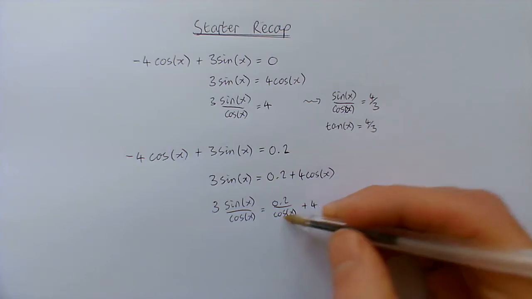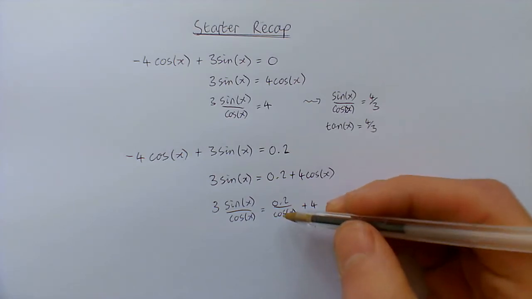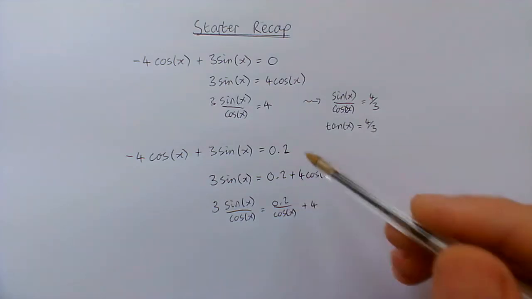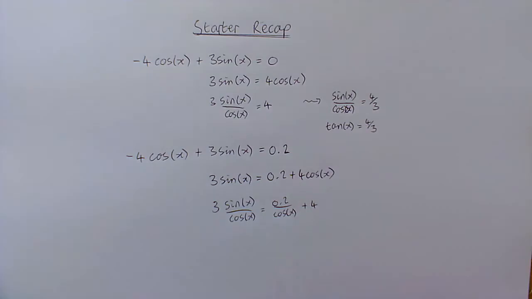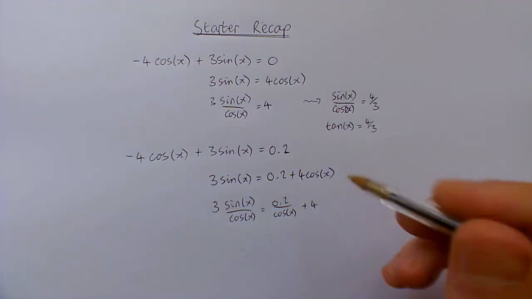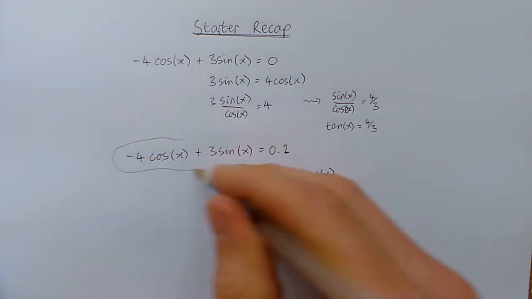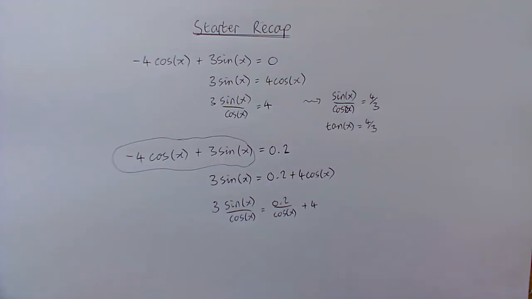We've not got rid of our cos x. And the answer to that is that there is no nice way to solve this using the methods that you have met so far. And so learning how to deal with this bit and turn that bit into something that we can operate with is going to be our key skill within this task, and then being able to solve that whole equation is going to be task 2 in what we're looking at today.